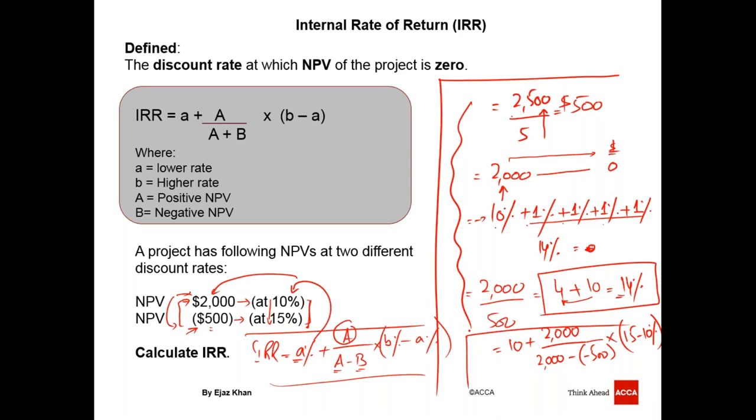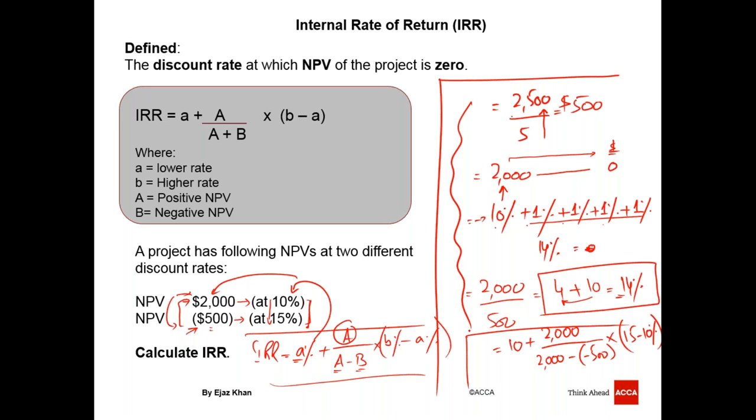So at the moment, if you say, sir, what should we be doing at 14%? If the project's IRR is 14%, what should we be doing? We cannot decide. We cannot decide by looking at the IRR only. We must compare the IRR with the cost of capital or the required return of the company.